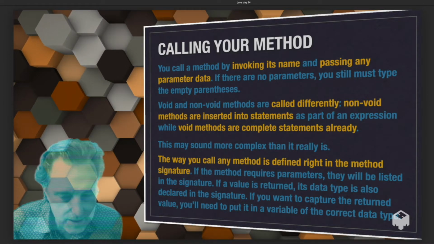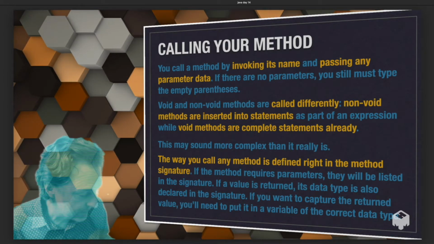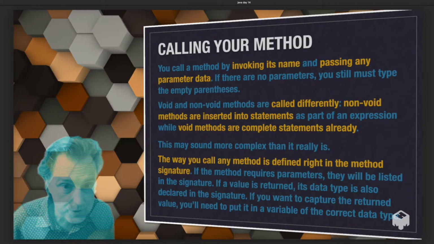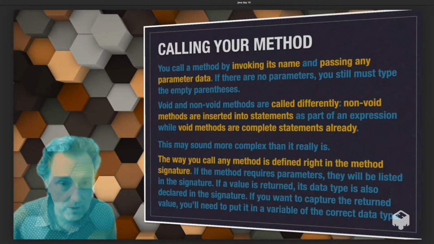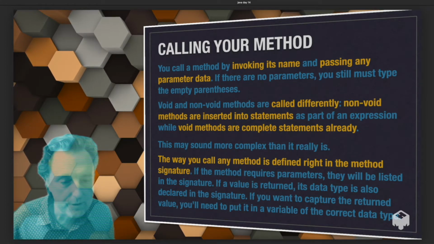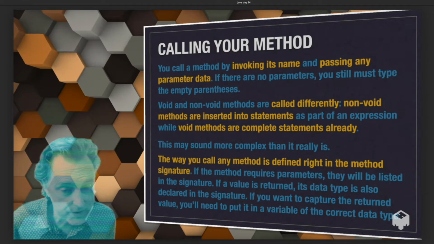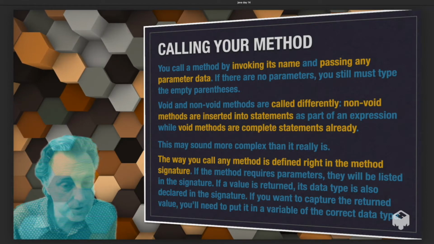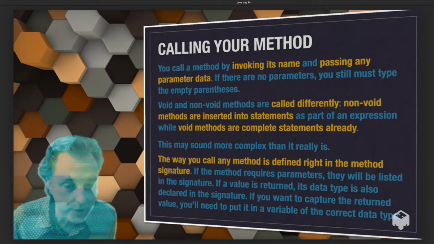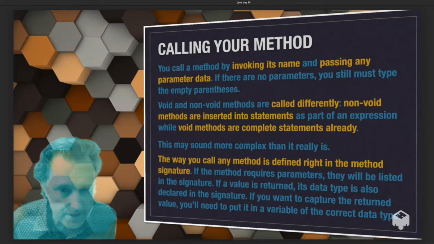The key thing again, which I'm repeating myself, but I will do it a couple times today, is just to remind you that you still have to have the parentheses. When you put parentheses after the method name, that confirms to Java that you're calling a method of that name. If you leave the parentheses off, it assumes that you're trying to do something with a variable that uses that identifier, which then will cause syntax errors.